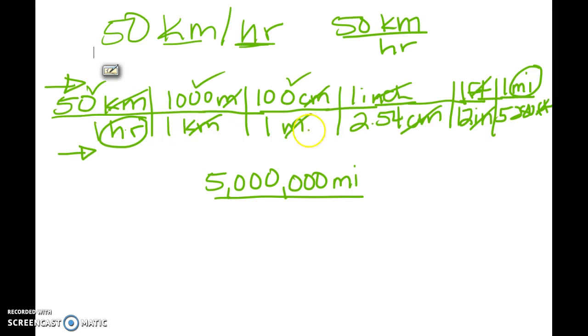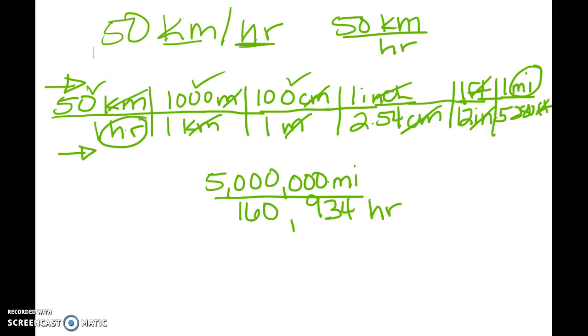We have 1 hour, 1 kilometer, 1 mile, 2.54 times 12 times 5,280. That's 160,934 hours. Well, that amount is yucky. It doesn't mean anything.